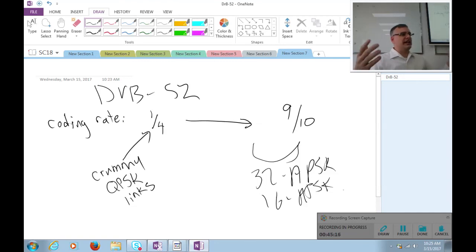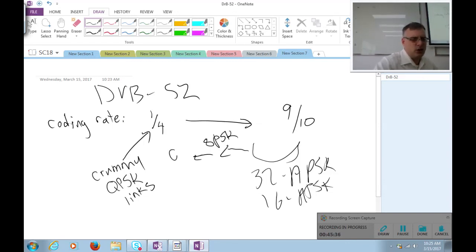So we lightly encode them with not too much redundancy, because we're already going to be able to get a pretty good data rate out of them. Then if your signal to noise ratio degrades, you start ratcheting down to 8 PSK and then quadrature phase shift keying, which is just really 4 PSK, right?